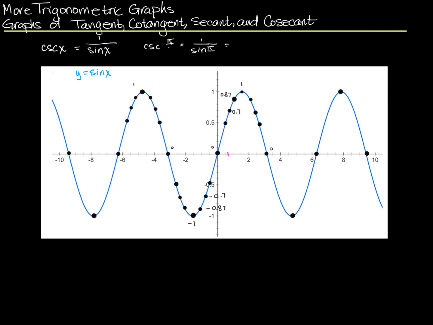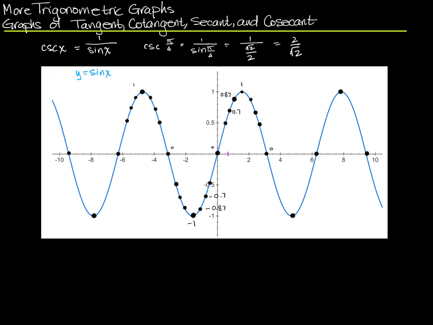It's the right pen. We know the sine of pi over 4 is the square root of 2 over 2. So the cosecant of pi over 4 is going to be 1 over the square root of 2 over 2, which is 2 over the square root of 2. And as a decimal, that's about 1.4.